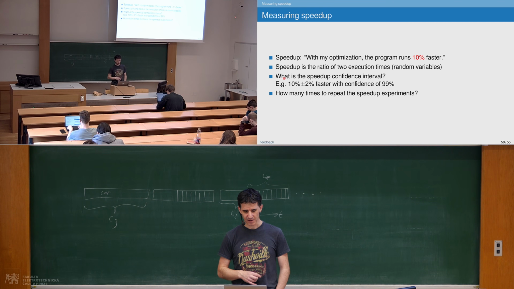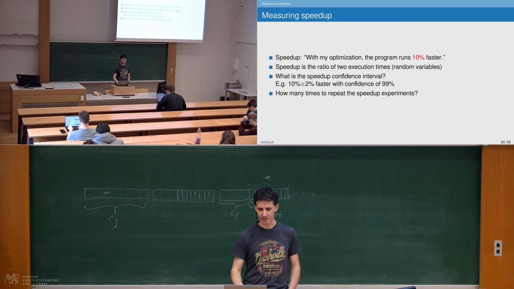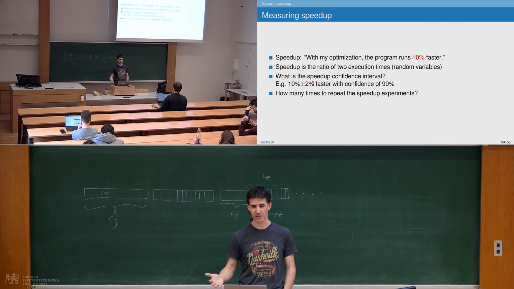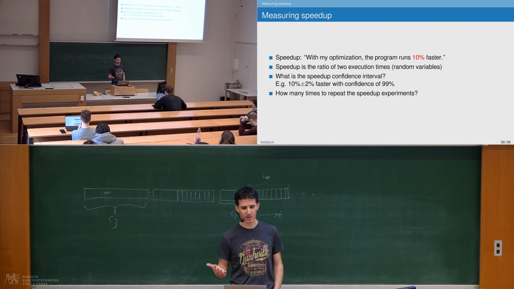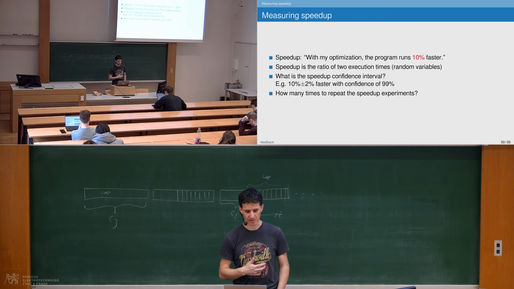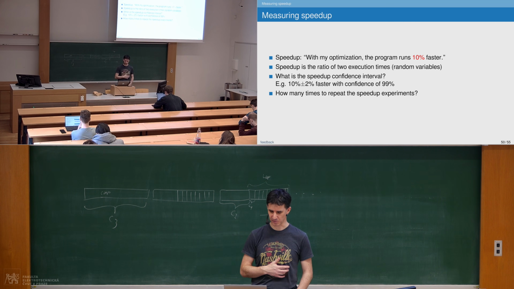So basically what we want to say at the end is our program is 10% faster with 95 or 99% confidence interval of 2%, which means that with 99% probability our program is at least 8% faster, or it can be even 12% faster.